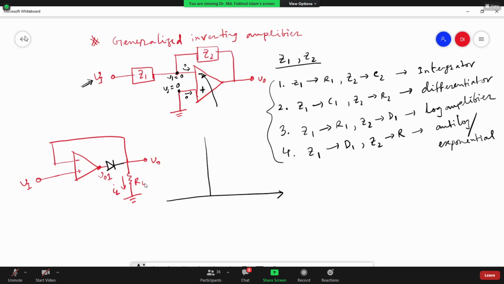If we plot Vi versus V output, this is a precise half wave rectifier, basically.